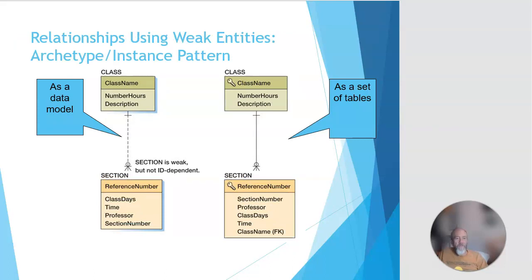When you have weak entities, you just move that foreign key relationship down out of the primary key area into the regular attributes, but you still have a foreign key that points back to the class.